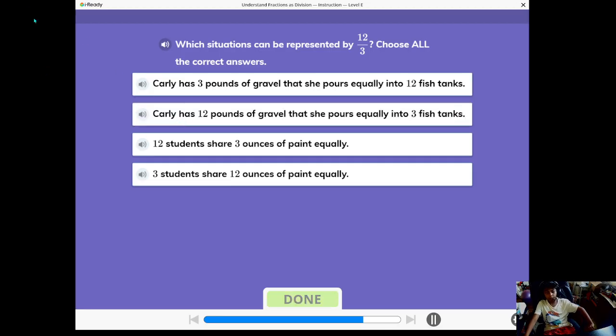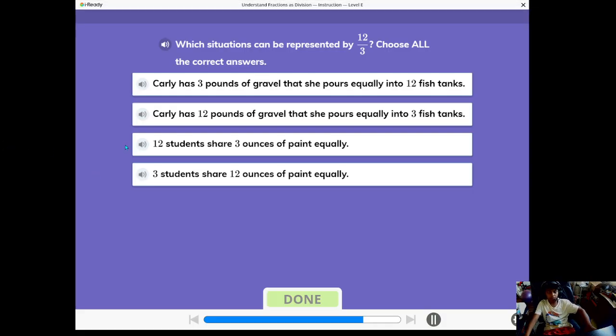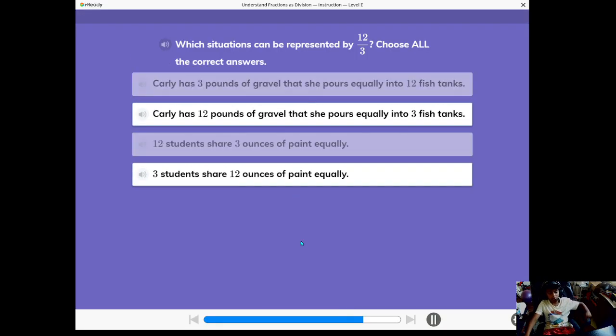Carla has 12 pounds of gravel that she pours equally into 3 bags. 12 divided by 3. 12 students share 3 ounces of paint equally. These situations can be represented by 12/3.